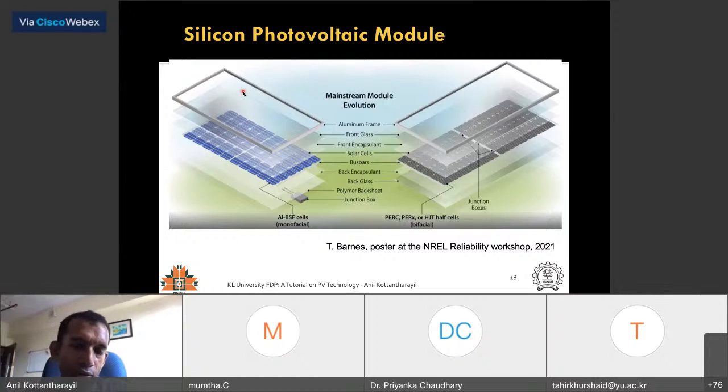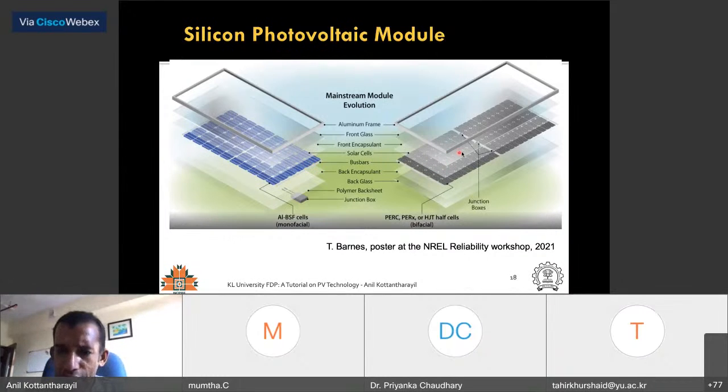So this whole thing is packaged to protect the solar cells from air ingress, water, also mechanical shocks and so on and so forth. And there is something called a junction box. This is basically some basic electronic components, again diodes, to protect the solar cells from partial shading and other issues.